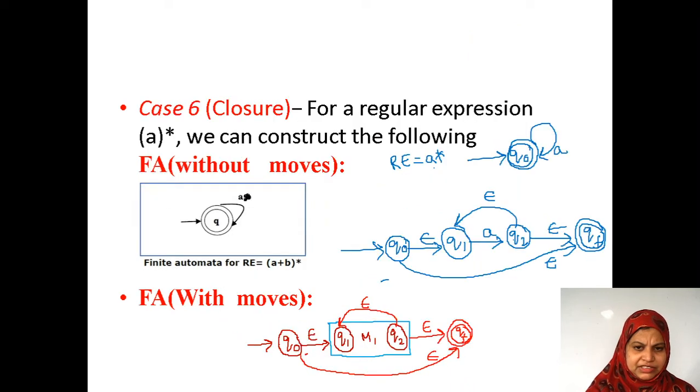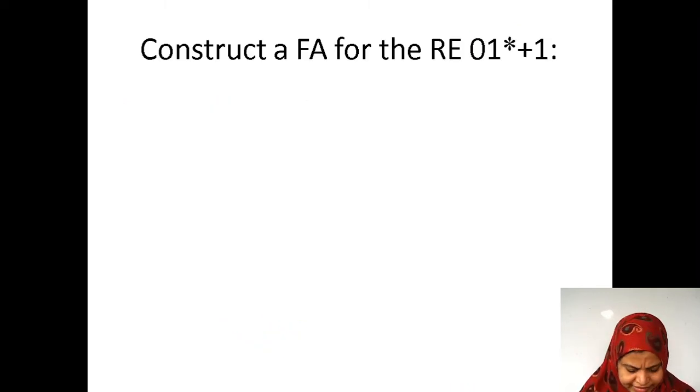See here, example. Construct a finite automata for the regular expression (0, 1) star. How are you going to convert this one? Here my regular expression is (0, 1) star plus 1.